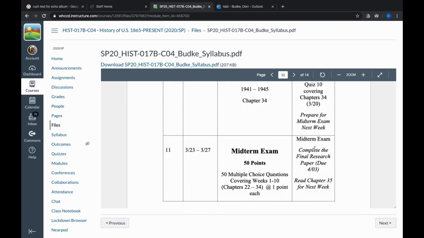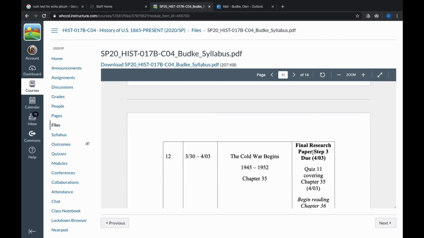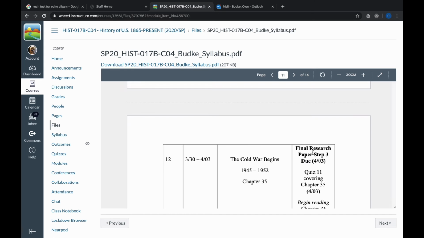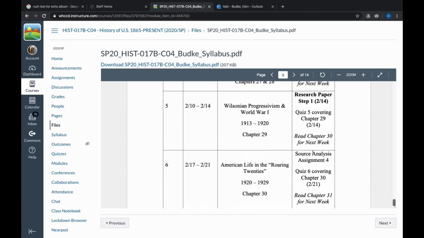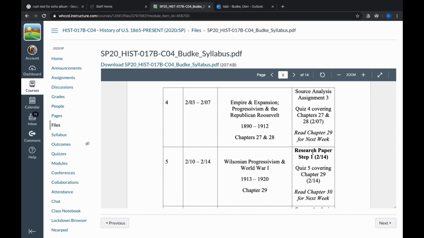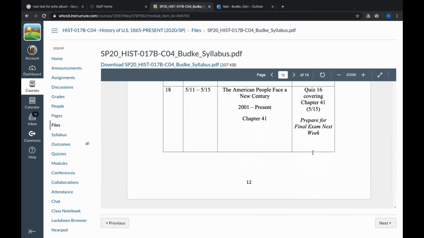We have our midterm, it's just going to be due by March 27th. And then we go into April and we've got our final research paper due April 3rd. All right, so these steps of the research paper, you need to be working towards constantly. And I'll talk about that going forward here in just a second.